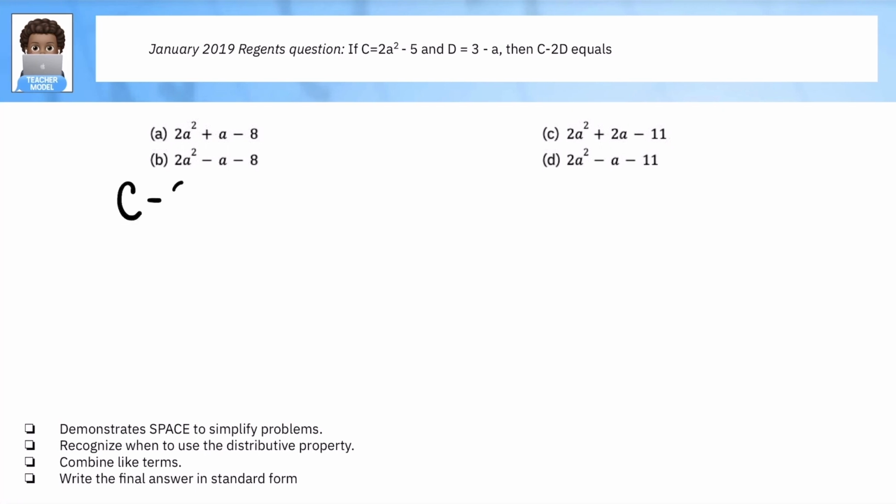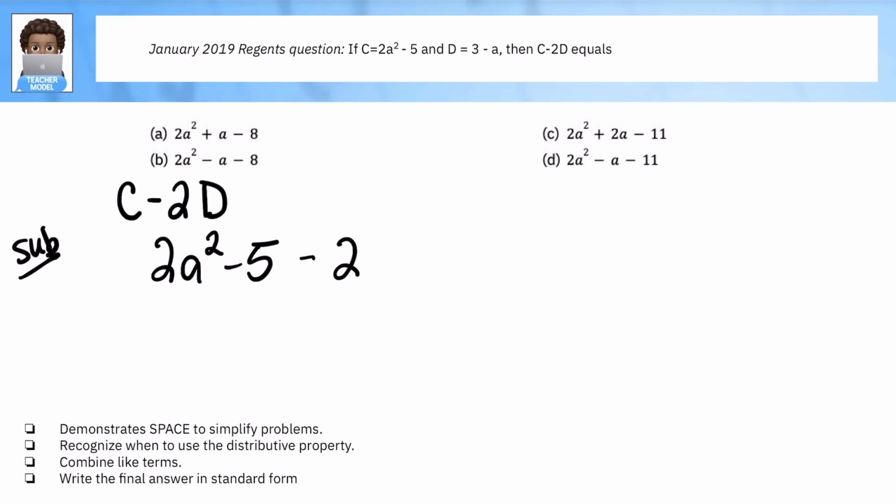I have C minus 2D, and I'm going to start by substituting. We know what C is, 2a squared minus 5, minus 2 times, we know what D is, 3 minus a.